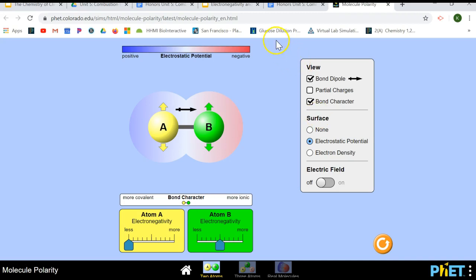The way that I'd like you to collect data is to take screenshots of your different data points, and then based on those screenshots, you're going to be writing a SIRS where you're evaluating what makes something more covalent in terms of electronegativity and what makes something more ionic. So at least collect 5 screenshots of different electronegativities and how it affects bond character.